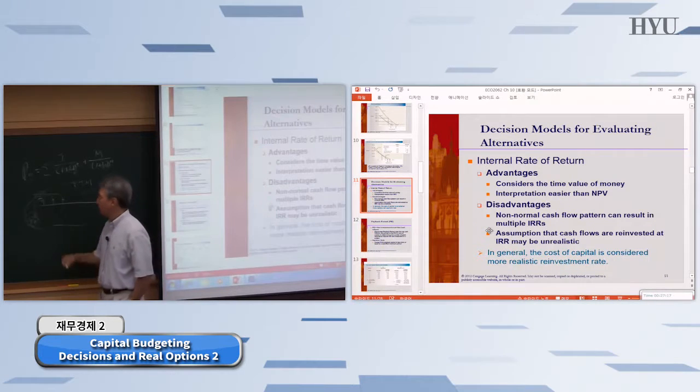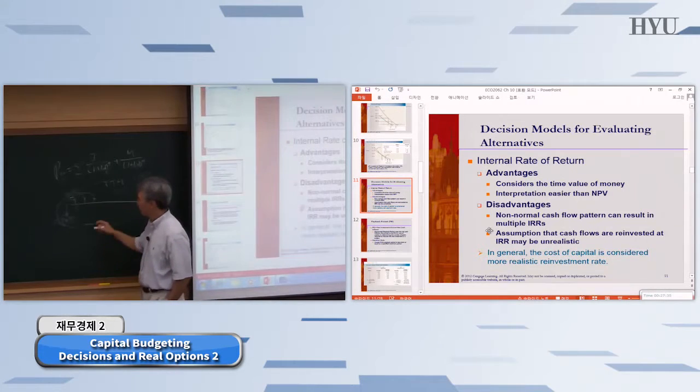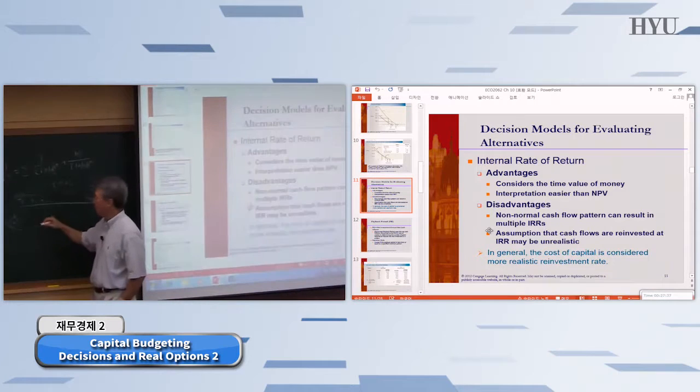And sometimes it requires multiple investments. So the first year you invest, let's say, $1 million. Next year it still requires maybe $500,000 of investment. So here we have negative. But then sometime after that, the cash flow turns positive and remains positive until the end. That's what they call normal.